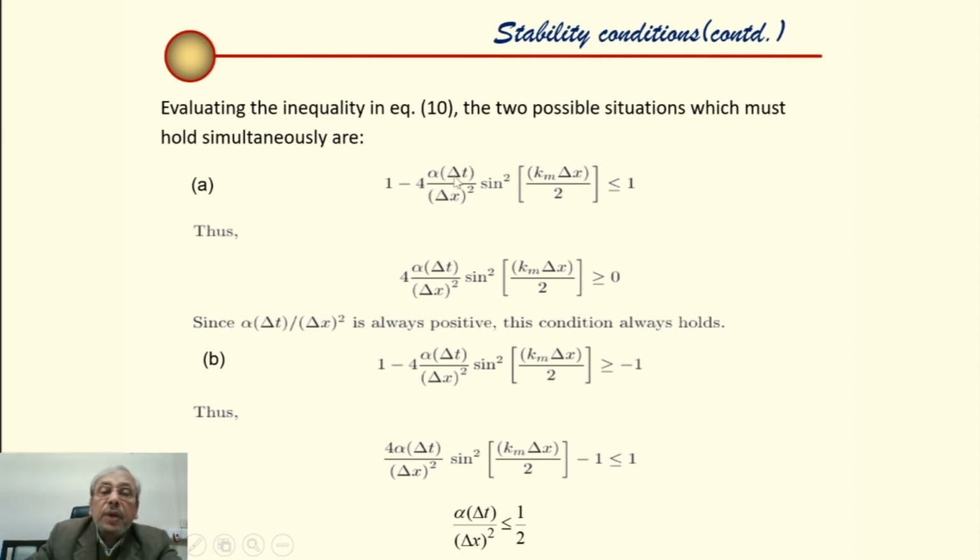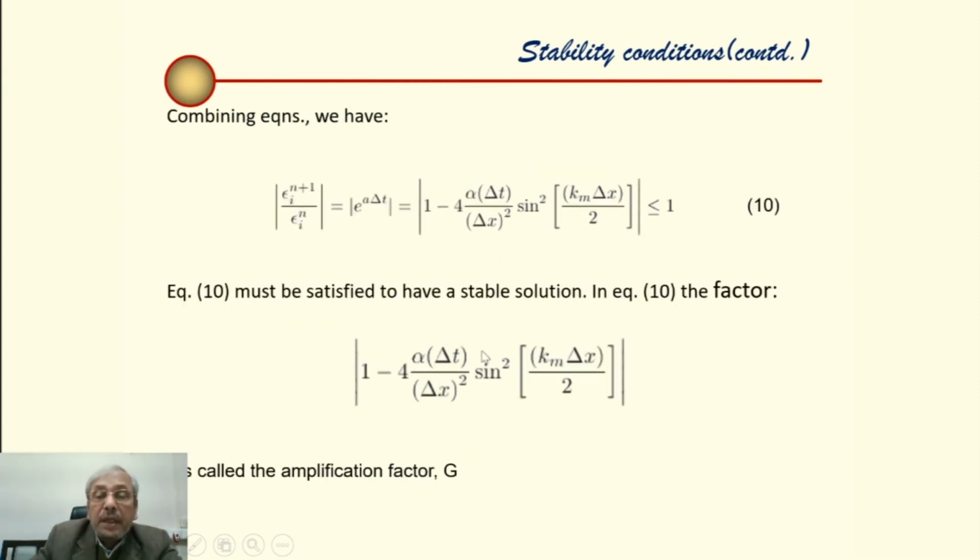That means if the modulus of 1 minus 4 alpha delta t by delta x square sine square km delta x by 2 has to be less than equal to 1, then this part has to be greater than equal to 0. This is one condition which is always true, because alpha delta t by delta x square is positive.